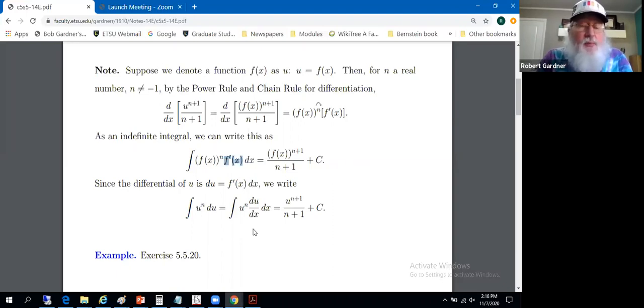Now, it's a memorable notation that these two things be equal because it's so suggestive that we would cancel the dx's, but you can't. That's not what it says. But that's kind of the reason this d-this, d-that notation, the Leibniz notation for derivatives, is superior to the prime notation of Newton.